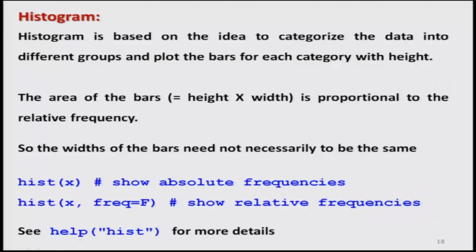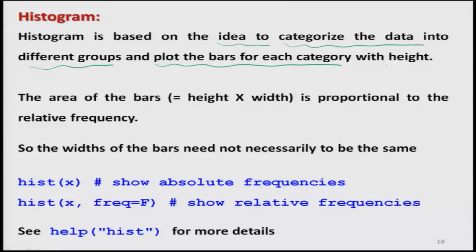Now we come to our next chart, that is the histogram. Histogram is another popular graphic, and it is based on the idea where we categorize the data into different groups, and for each group we plot a bar.